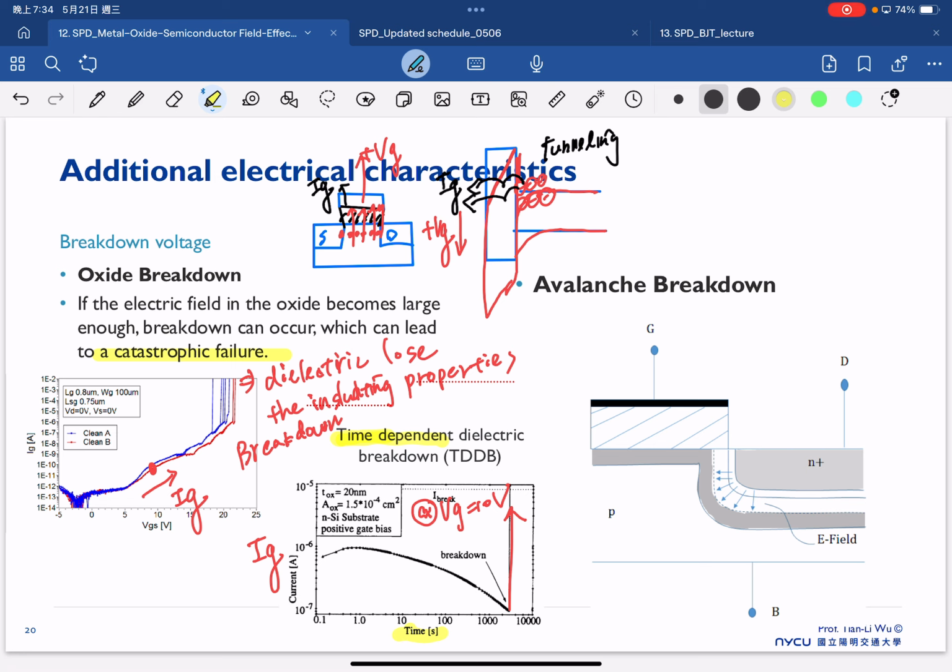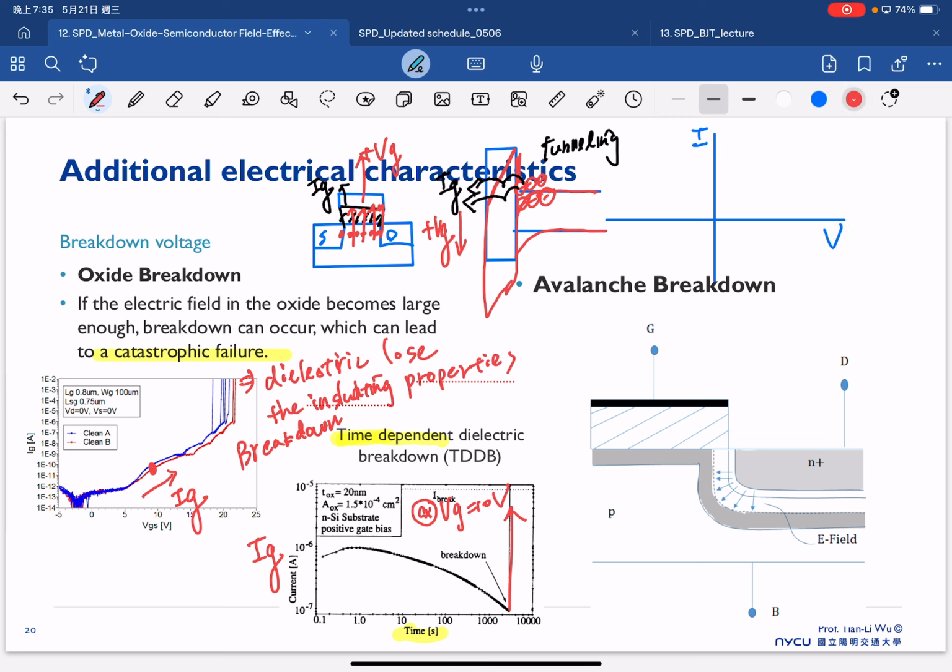And another one is what we call the avalanche breakdown. But I think the avalanche breakdown is not very new to you, because in our PN junction, in the PN diode, we have this IV characteristic.